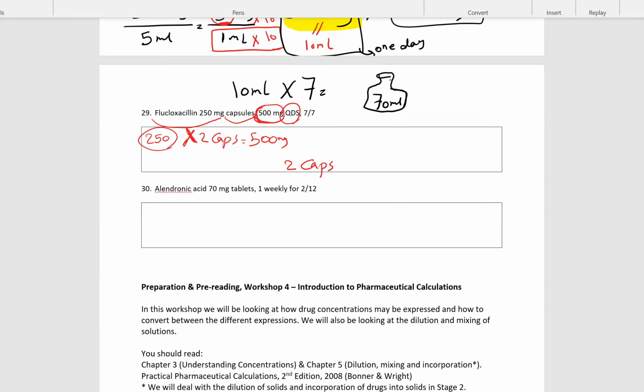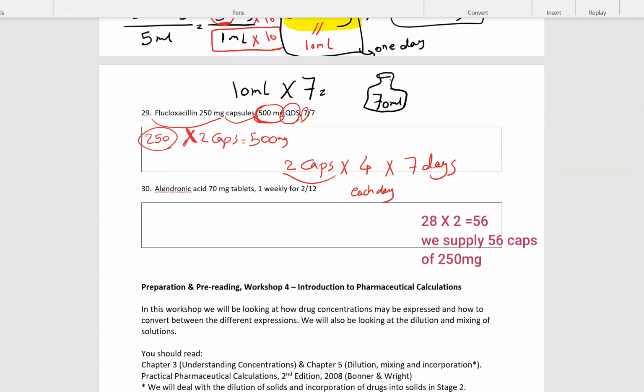Each day we need to give 4 times a day, for 7 days, and each time takes 2 capsules. So we need to supply 28.